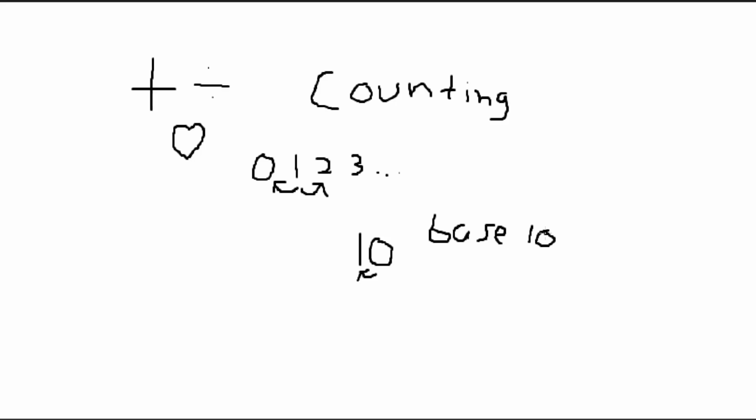And base 10 is nice. It's a natural thing we came up with as humans because we have 10 fingers, you know? It's pretty handy because you can count. You can explain to a 5-year-old how to count very easily. And this can go on forever, you can add whatever kind of digit you want here.